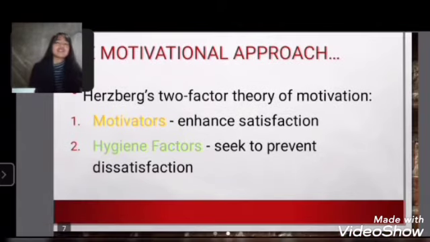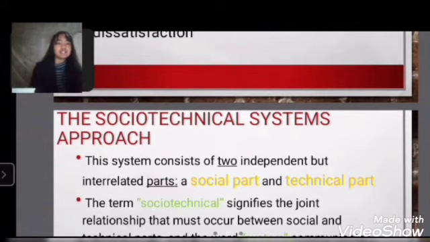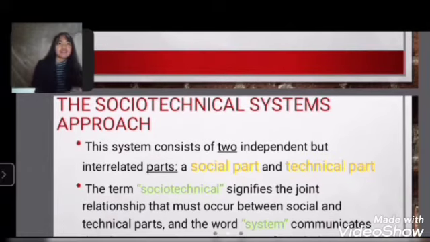The next approach is the socio-technical systems approach. This system consists of two independent but interrelated parts. One is the social part, which refers to the people performing the task and the relationships among them.